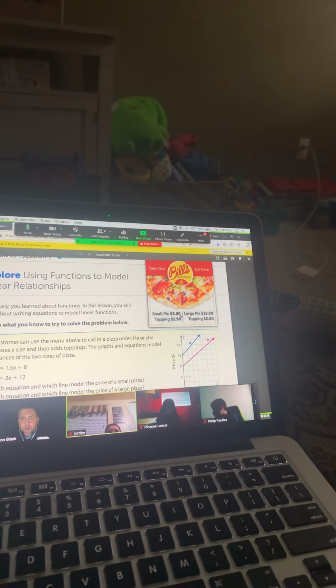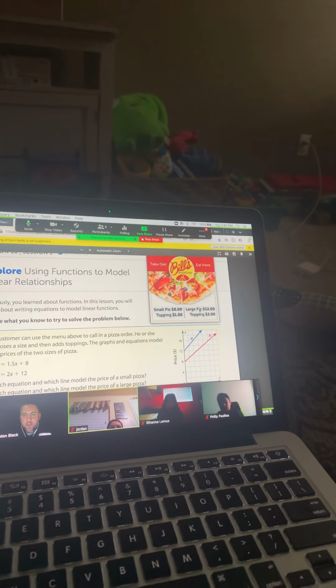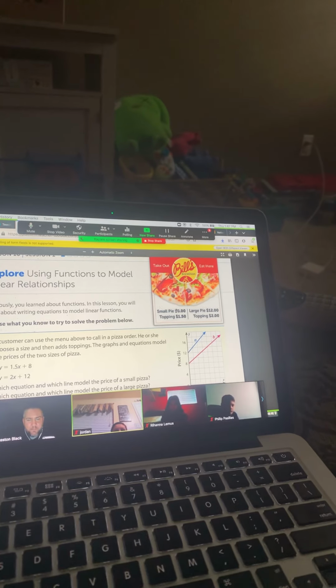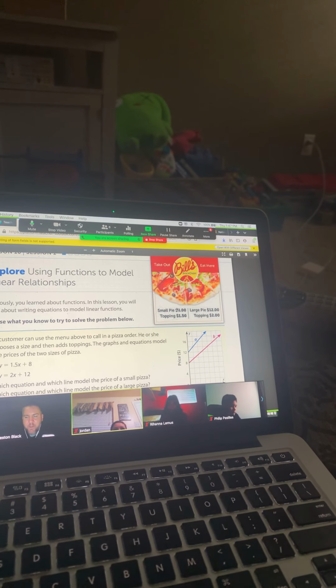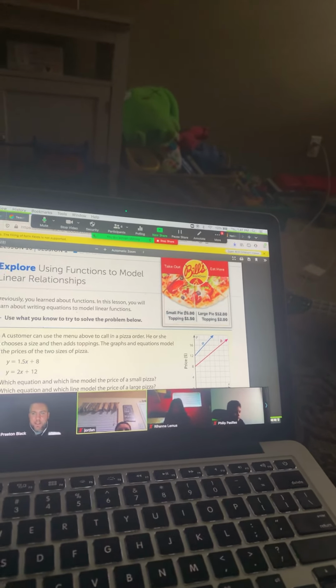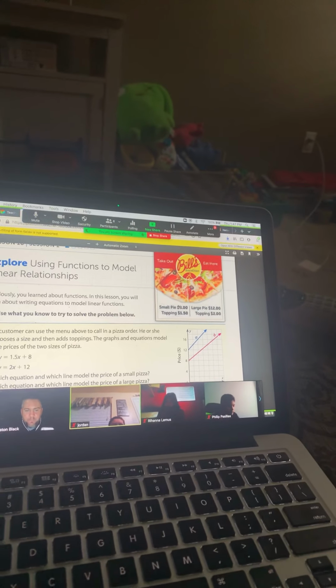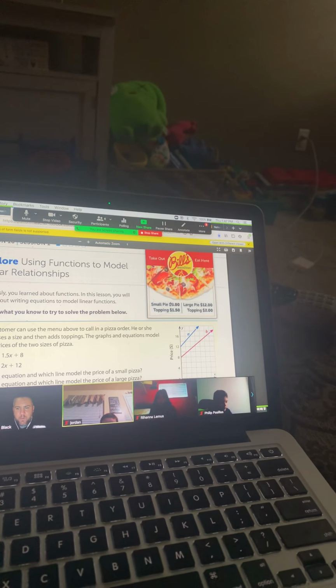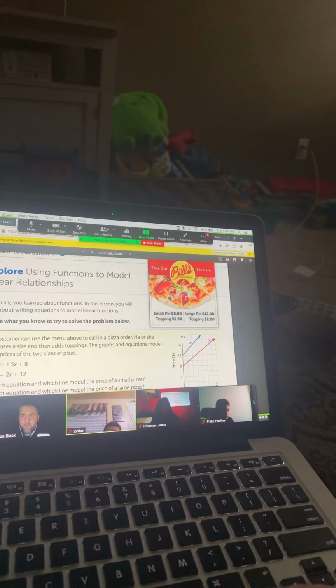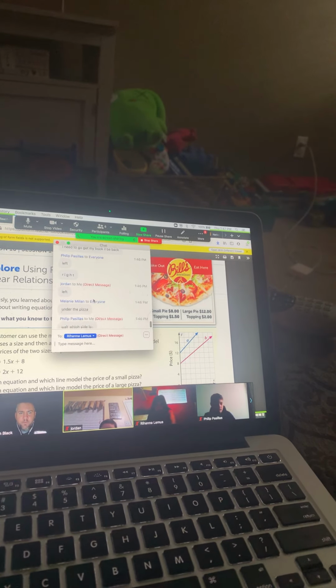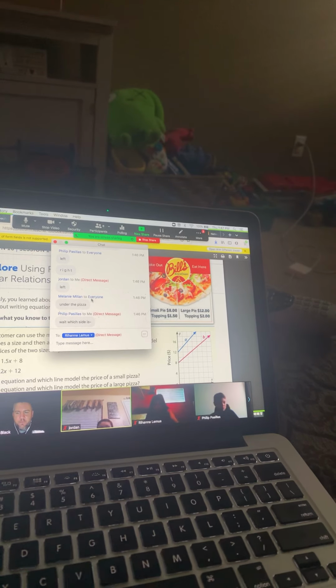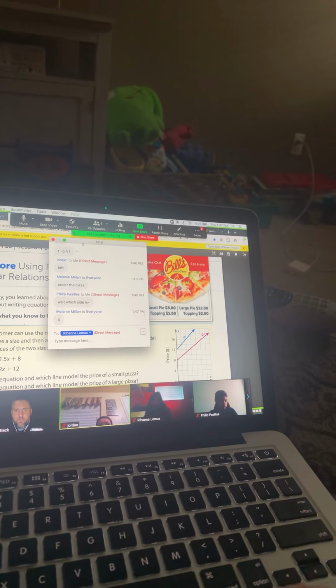So here we see a small pie is $8, or a small pizza, and a large pie is $12, right? So how much more in dollars is the large pizza than the small pizza? $4, right?